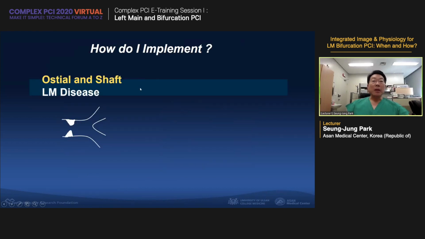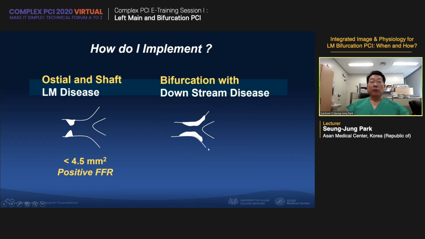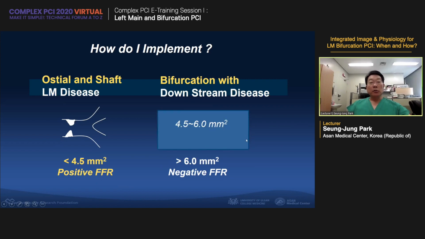So how do I implement it? For an ostial or shaft lesion, an IVUS MLA less than 4.5 mm² is directly related to a positive FFR, and downstream disease with more than 6 mm² is almost 100% matched with a negative FFR. Between 4.5 and 6 mm² by IVUS MLA, we still have to consider measuring the FFR.